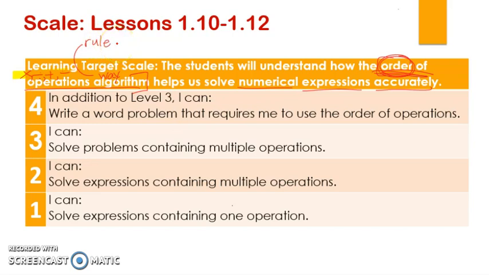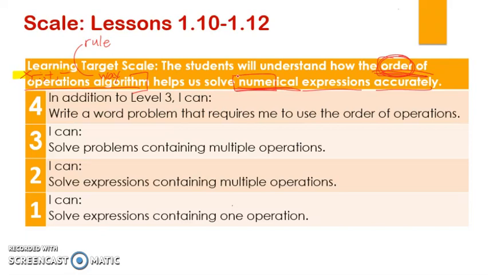So we're looking at the rules for the order that we do multiplication, division, addition, and subtraction if they're all in the same problem. And then numerical, you recognize this part. It reminds you of the word number, and that's exactly what it means. We're trying to solve expressions that have numbers. We're not talking about poetry expressions. We're talking about expressions that contain numbers.